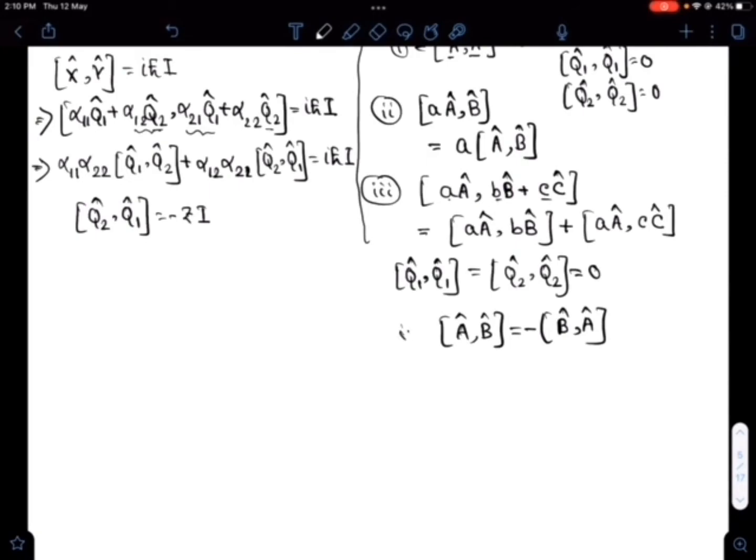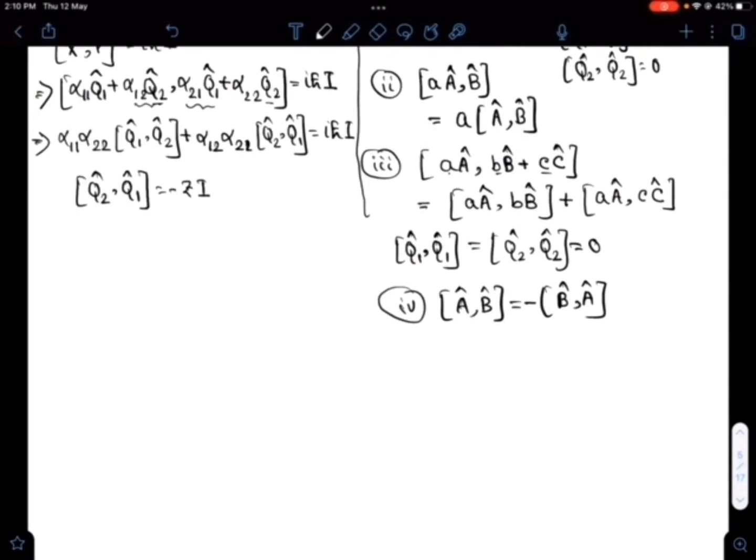So this is the fourth rule. So using this, from here we can get alpha 1 1, alpha 2 2 into zi minus alpha 1 2, alpha 2 1 into zi. Minus is taken care of here, and we have i h cut i.